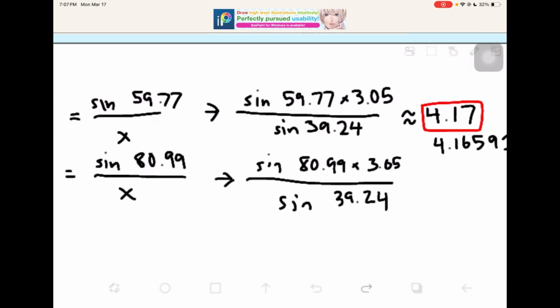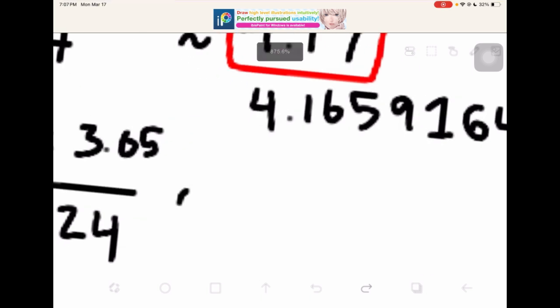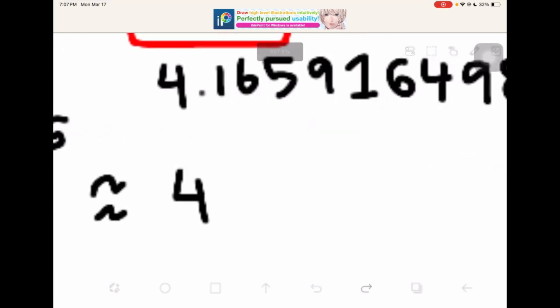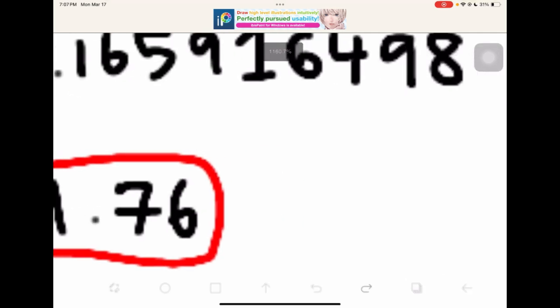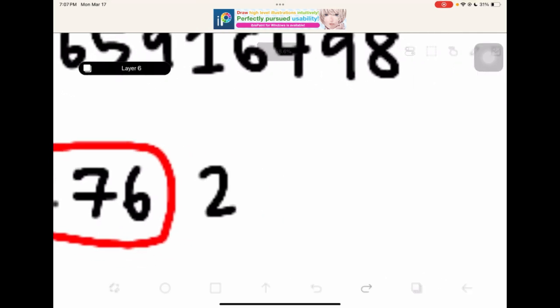So sine 80.99 times 3.05 all over sine of 39.24. That will give you an approximated value of 4.76. And then here's the other decimal places for you guys.